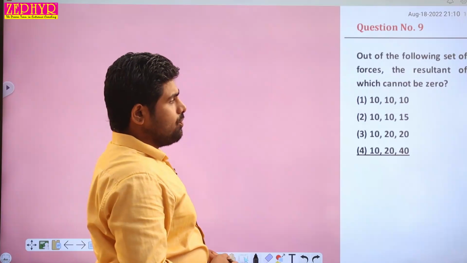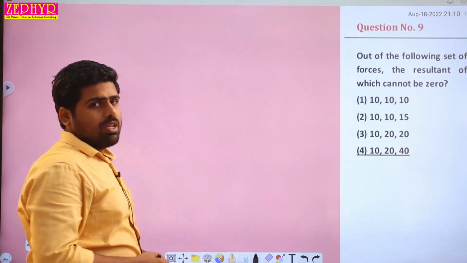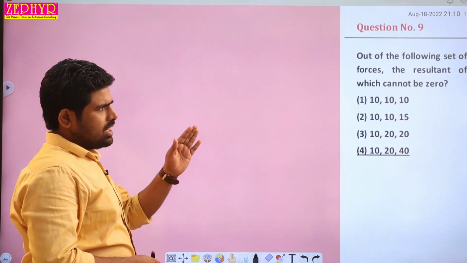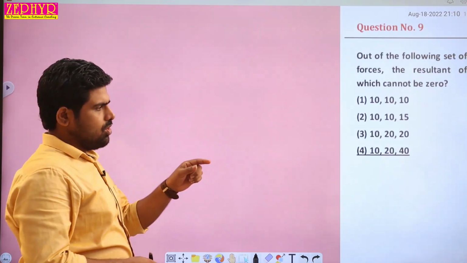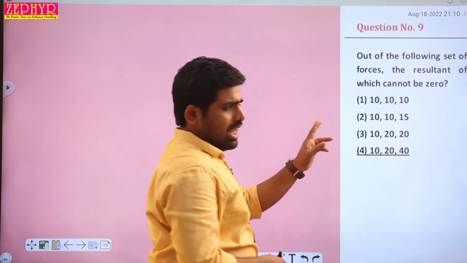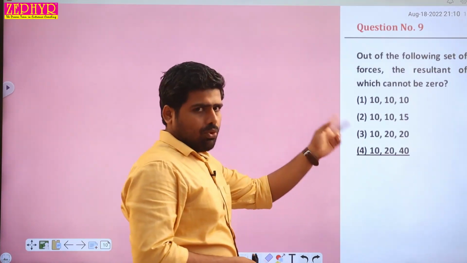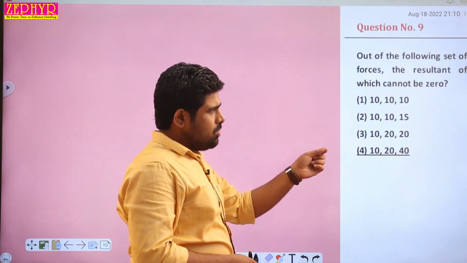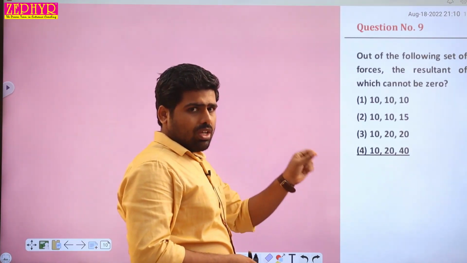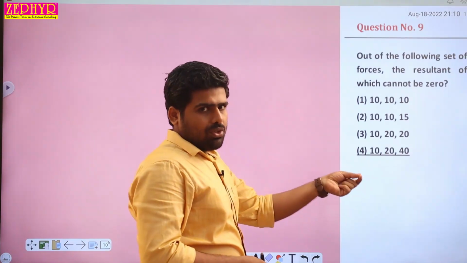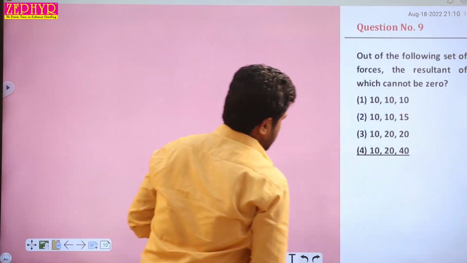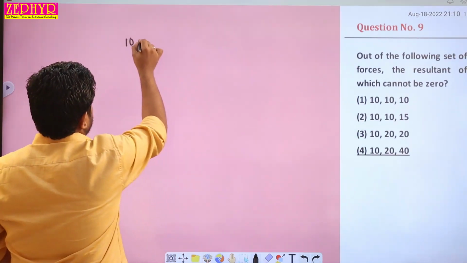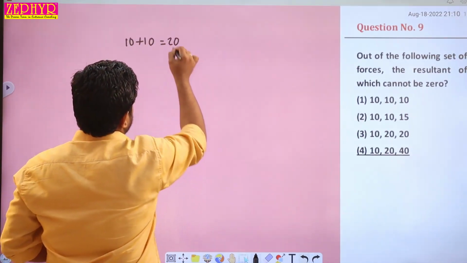Out of the following set of forces, the resultant of which cannot be 0. To find the resultant that cannot be 0, you just add any two of the forces, then find the value. That value should be greater than or equal to the third force, then this condition is satisfied. In the first case, 10 plus 10 is equal to 20.